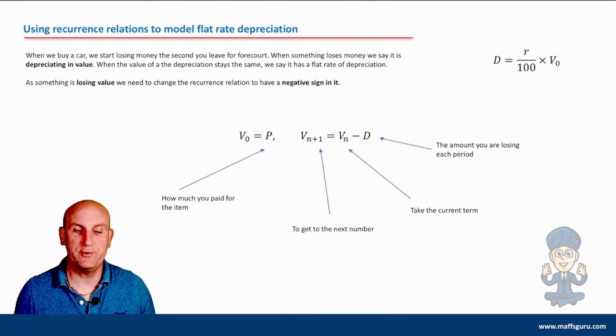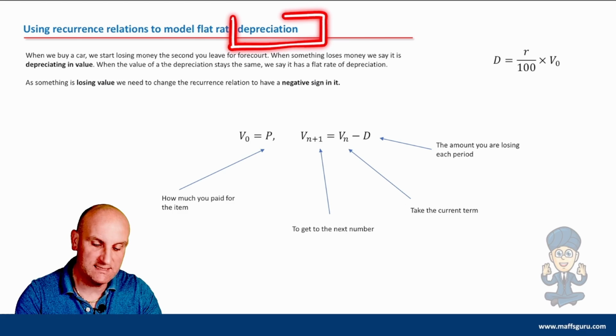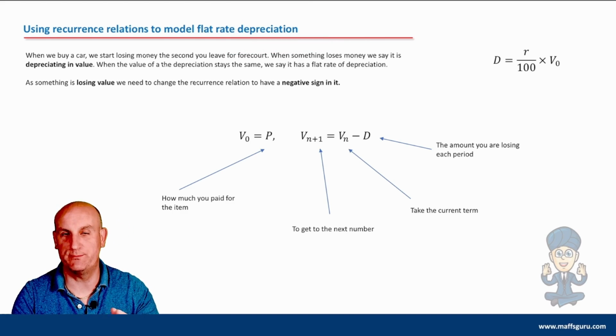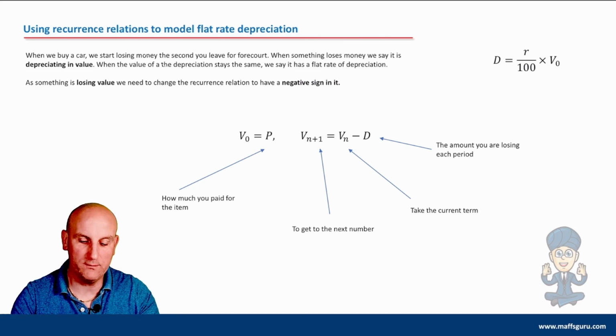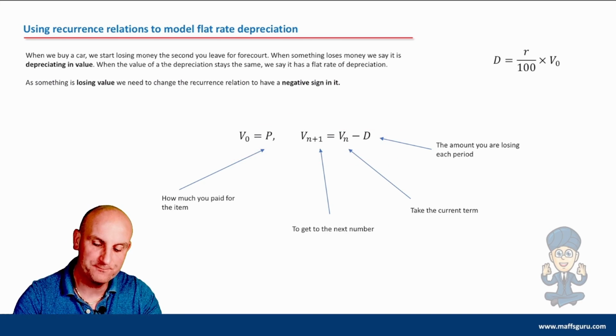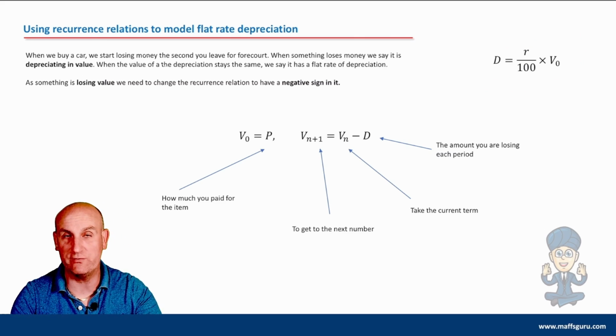Now, flat rate depreciation, another strange terminology, but it's all good. When something depreciates, it goes down. Interest always gets added on. When something depreciates, it always goes down. But the formula stays pretty much exactly the same. I get D is equal to R on 100 times V0. That's the amount it's going to go down.